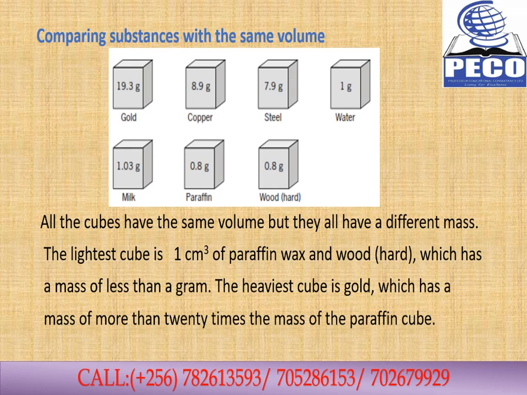Gold is 19.3. So it has a high density, a lot of matter in it, which occupies a very small space. So we say that gold is denser than paraffin. It is occupying the same volume, but it has more mass. So gold is denser than paraffin.